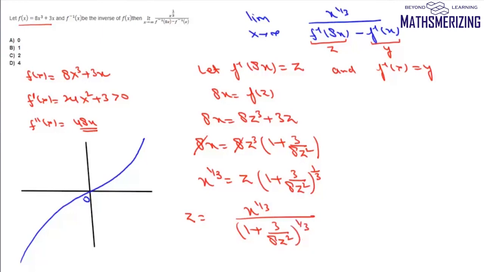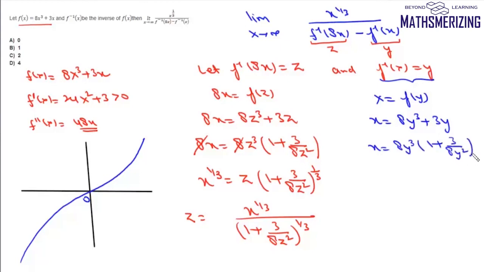Now in the same way, we can solve this other condition, which is f inverse of x equals y. We can write x equals f(y). Now f(y) is 8y cube plus 3y. Again we'll take 8y cube common. We'll write 1 plus 3 by 8y square.